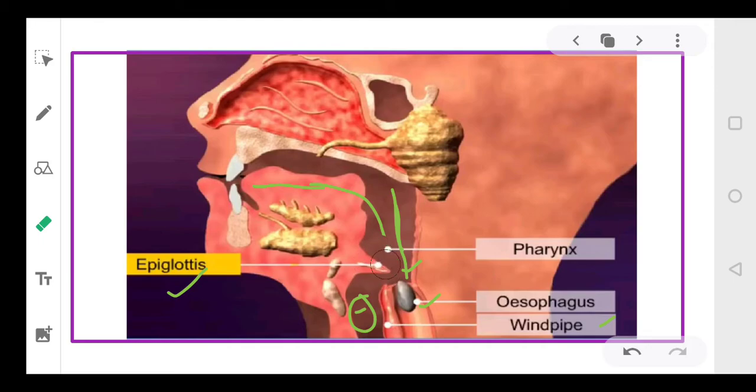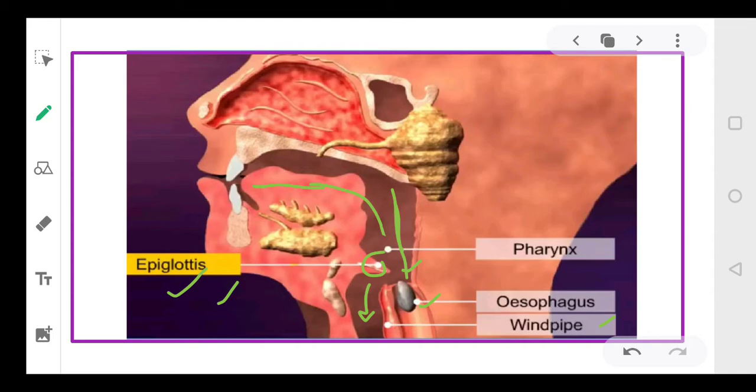This structure is called the epiglottis. This structure, the triangular shaped structure, is called epiglottis. Okay? And because of this structure, the food will not enter into your windpipe. Here, this is your windpipe. So esophagus and windpipe are separated from each other by a flap-like structure that is called epiglottis.